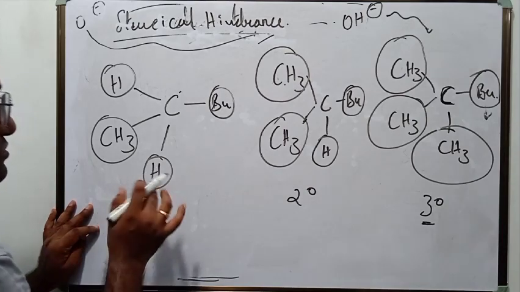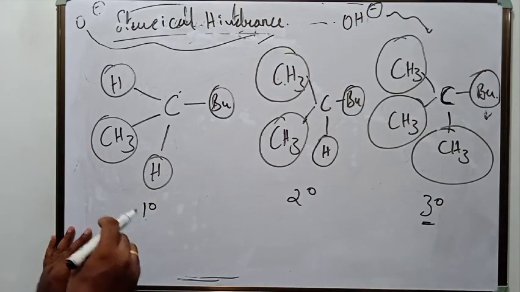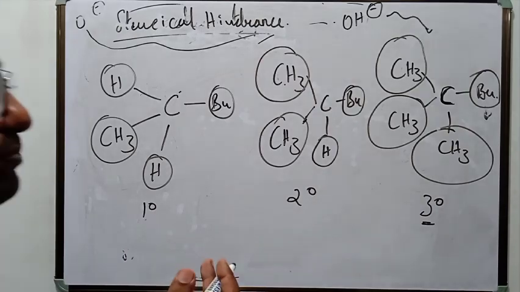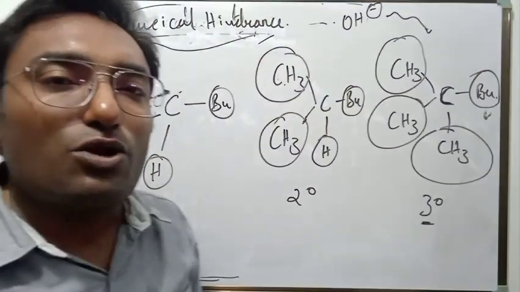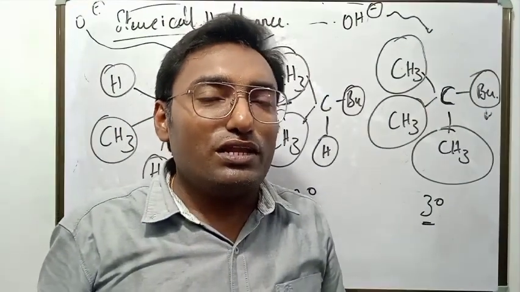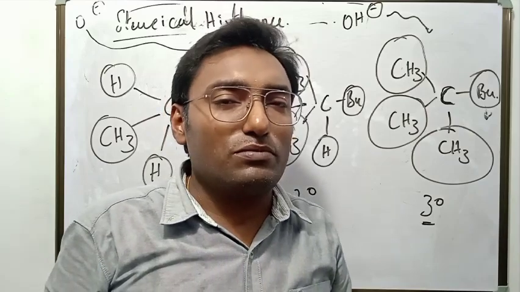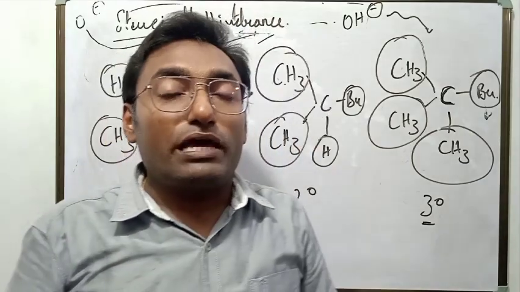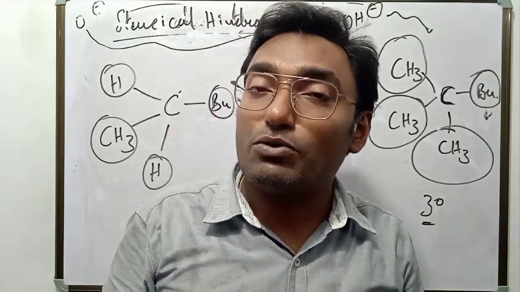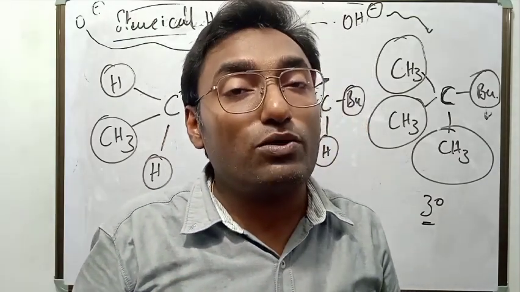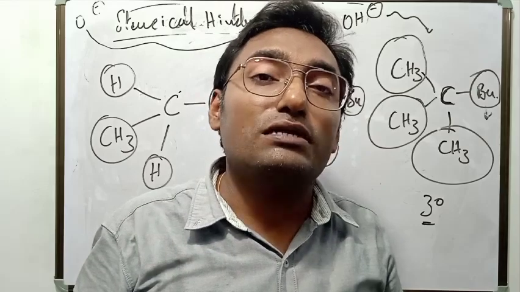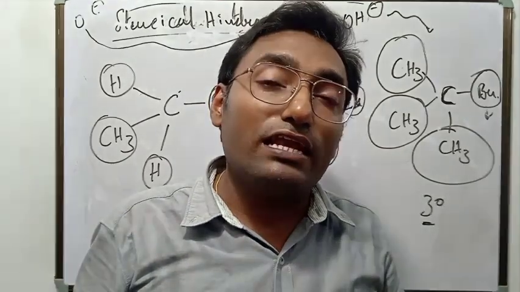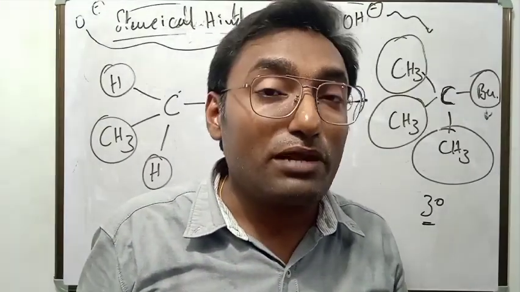Dear students, we have seen why primary alkyl halides undergo SN2 reaction very easily, comfortably. Number one factor is stability of carbocation. A primary alkyl halide's carbocation, that is a primary carbocation, is very unstable. So a primary alkyl halide would never want to become a primary carbocation.